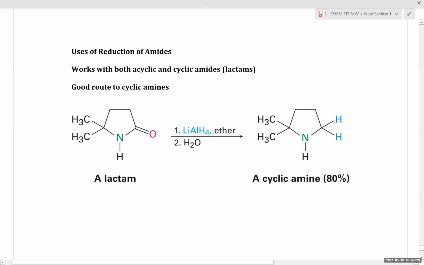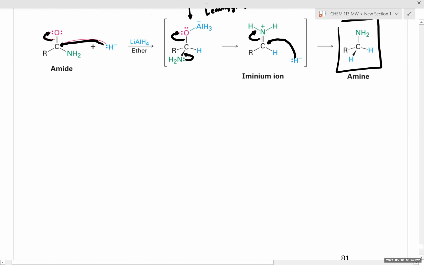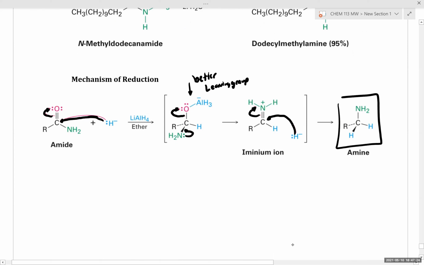So to answer the question in the chat, the student has the following question. Does the oxygen atom attack the aluminum hydride in the first step? So you can draw it that way, where the oxygen, technically during this first reduction step, a lone pair is being coordinated by aluminum.